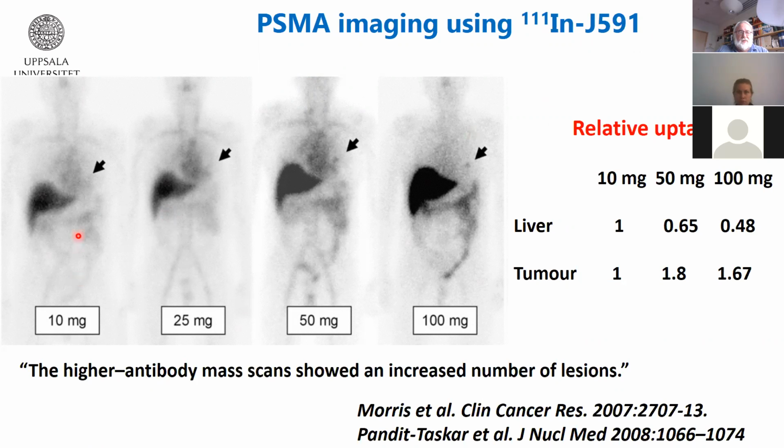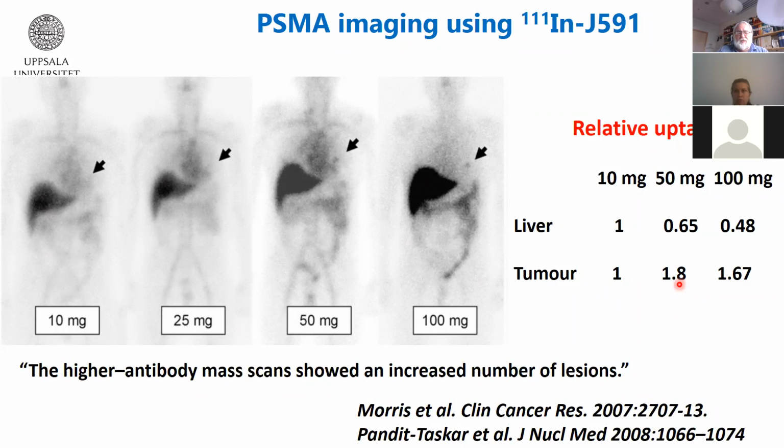It has been shown that if you again inject too little, a lot of activity will be taken up by the liver and very little goes to the tumor. If you increase tenfold, you could see that relative uptake in the liver decreased, while relative uptake in the tumor increased.